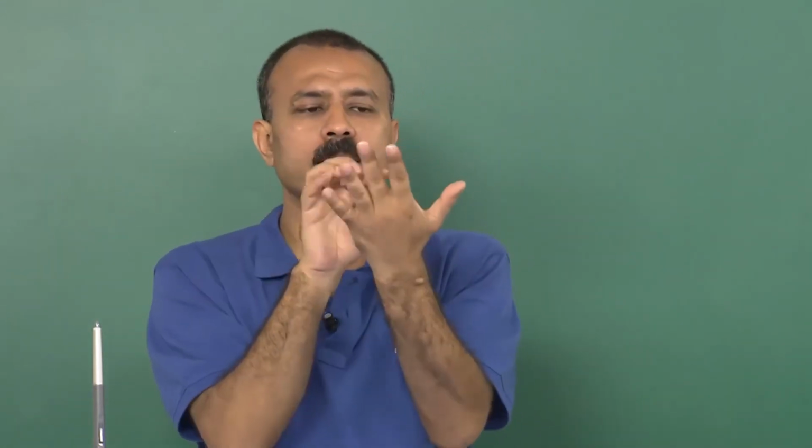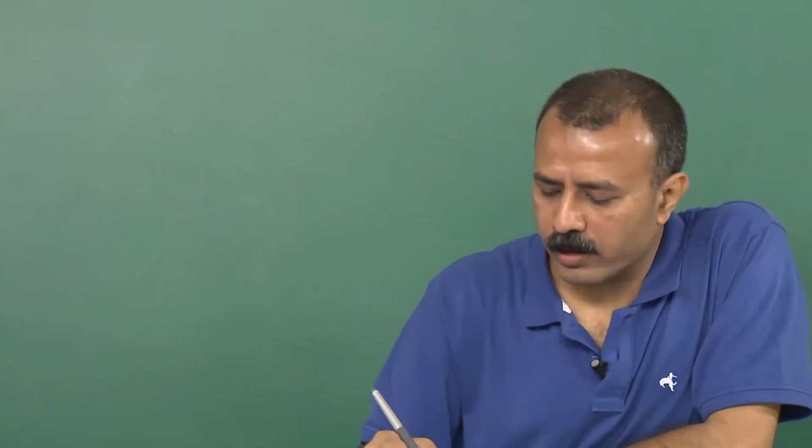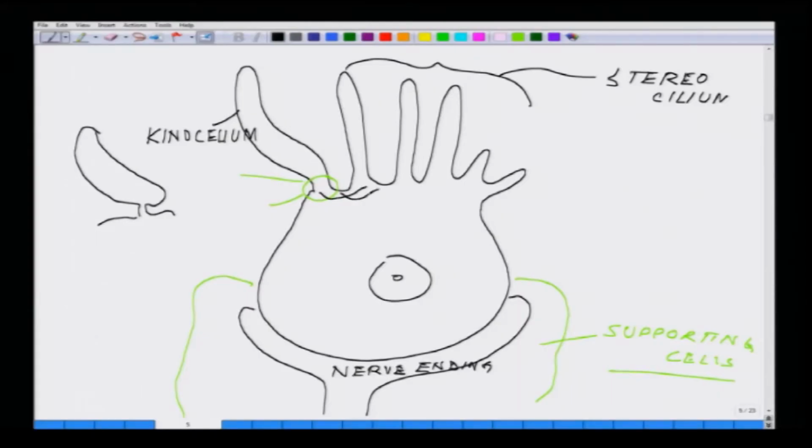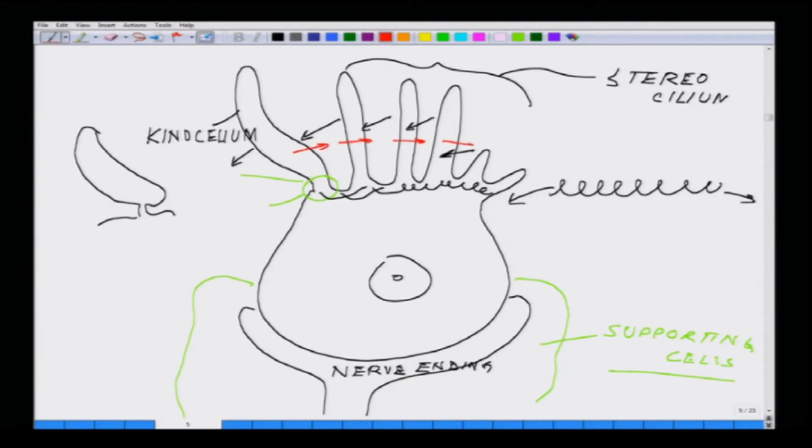It is just like they are all attached underneath, like a spring, they are all attached with each other like this. So, if you give a pull on this side, they all will move like this, and if you give a pull on that side, they all will move in the reverse direction. In other words, the pull has to be given only on the kinocilia.